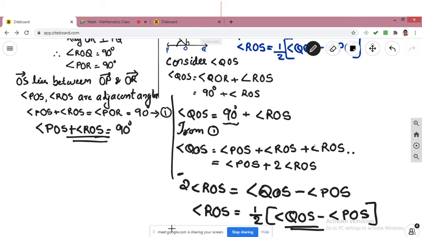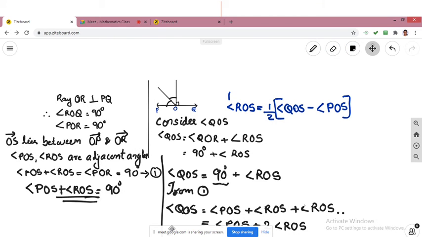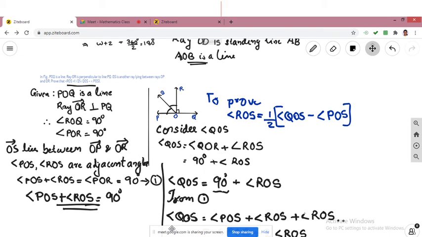So, let us see what all things we did here. We were given that POQ is a line, this is a line, and OS is a ray which is standing between OP and OR, and OR is perpendicular to the line POQ.